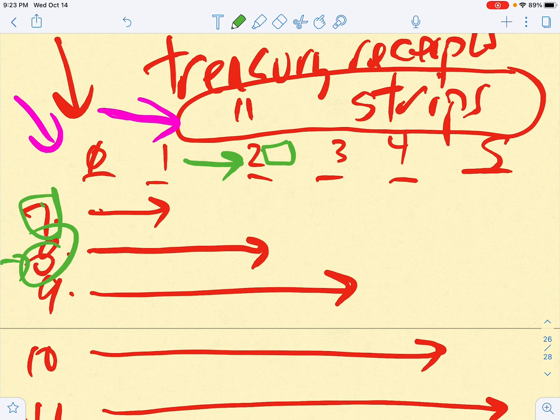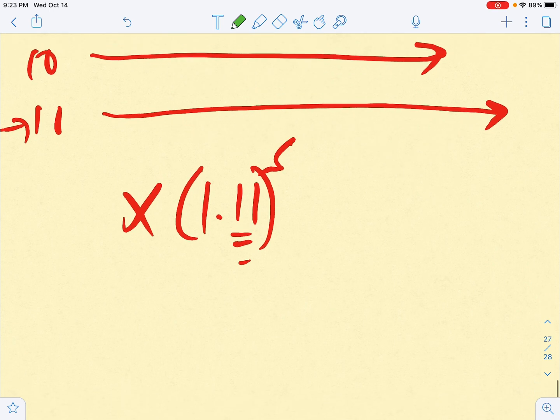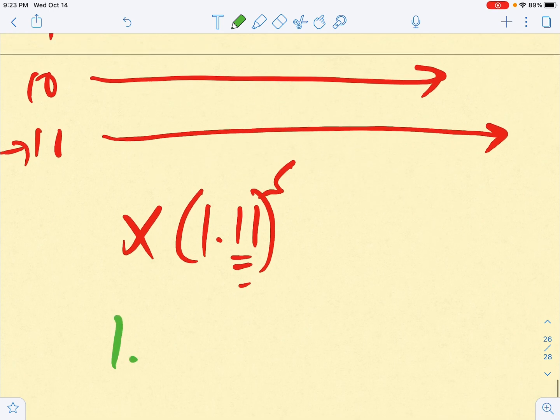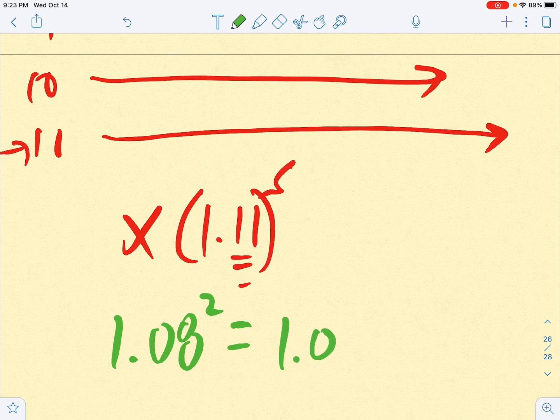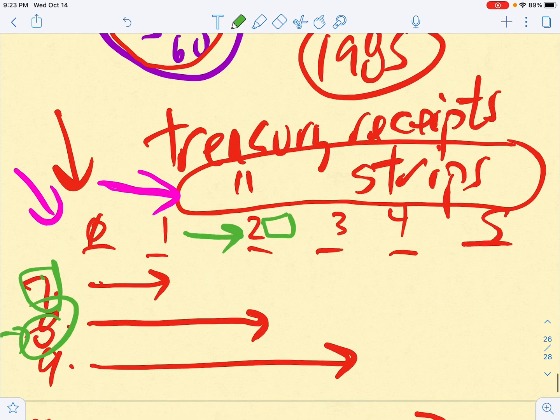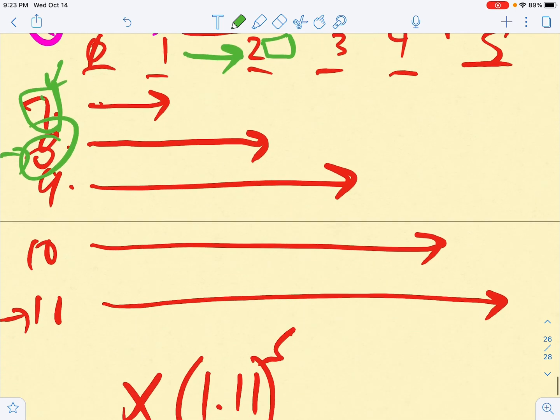Okay? And so algebraically, we're saying that 1.08 squared, that's how much every dollar would be worth at date 2 that you invested at date 0, if at date 0 you bought the 2-period maturity treasury strip, that would be equal to 1.07. This 1.07 is the date 1 value of someone who invested for 1 period at 7%.